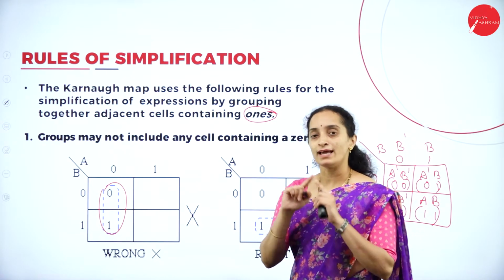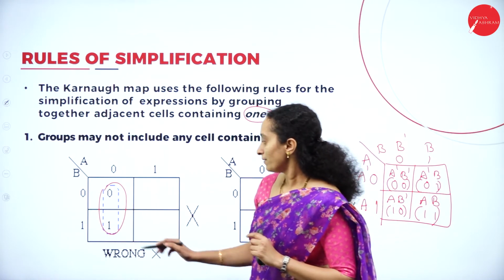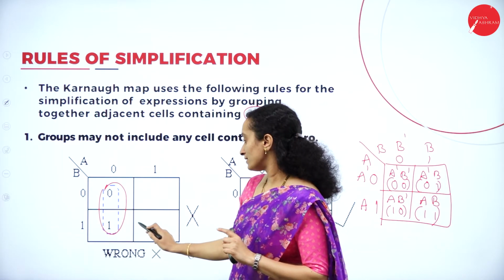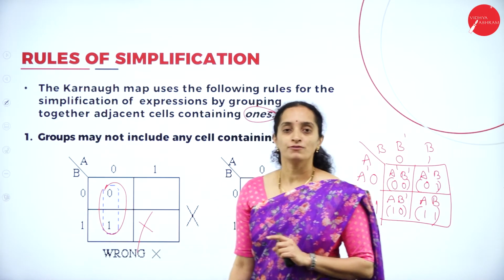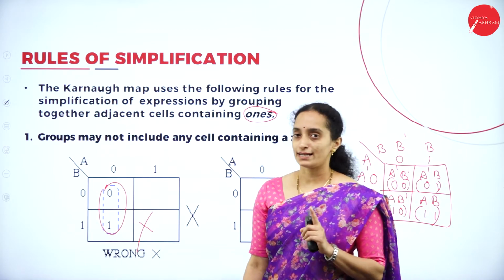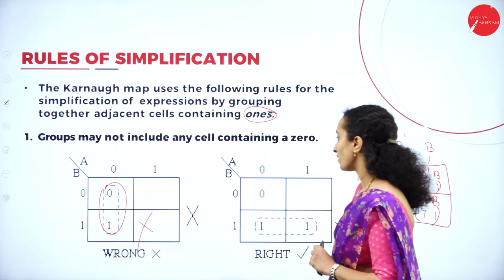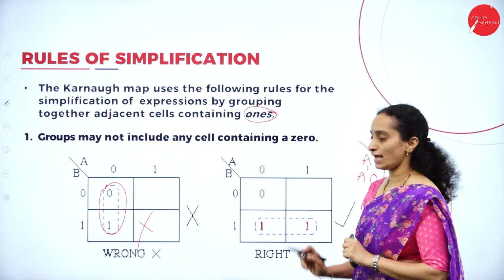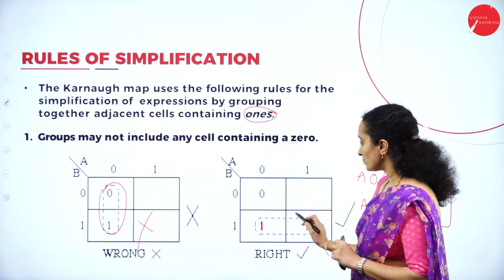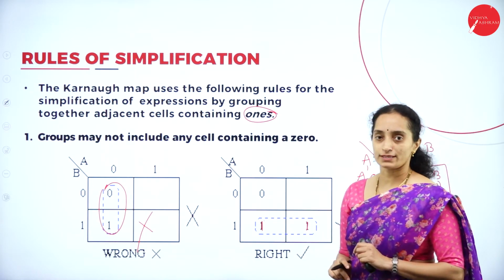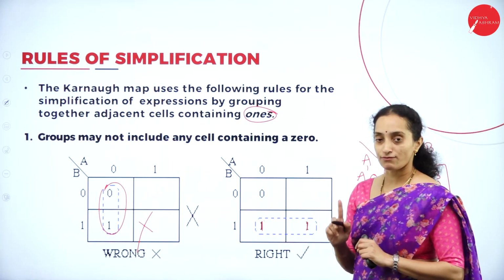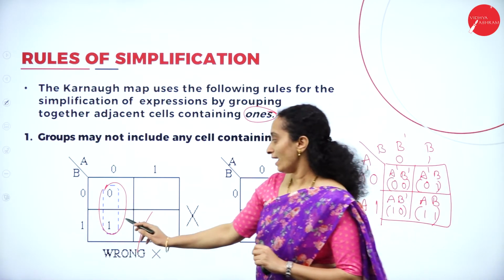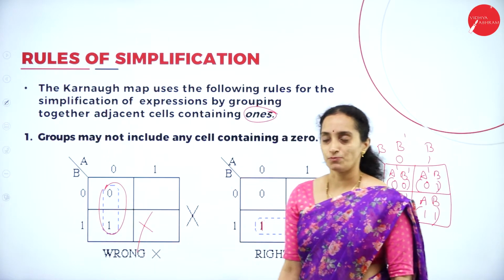Only 1 values must be there in the group. Okay. Here they have made a group of 0 and 1, which is a wrong form of representing an expression in the K-map. Alright. Same thing, you have another function which has 2 values of 1. So this can be grouped together because both the values are 1. That means the first rule is you cannot combine a 1 and a 0. Alright.